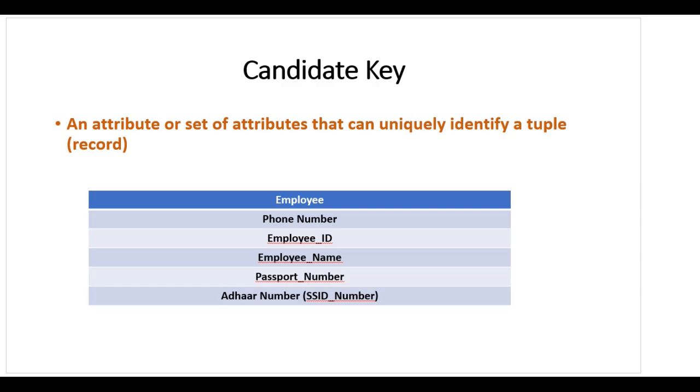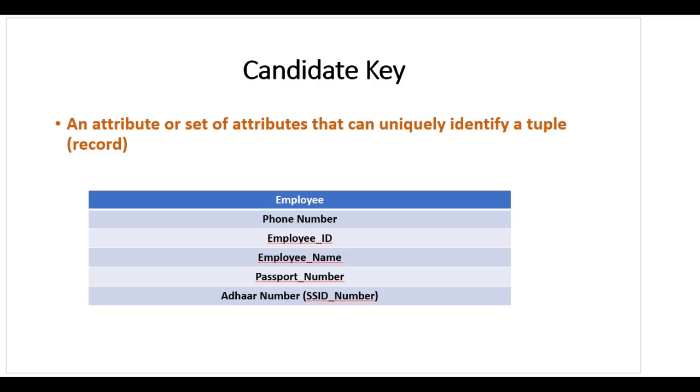So all of these are candidate keys, right? Now employee ID became the primary key.